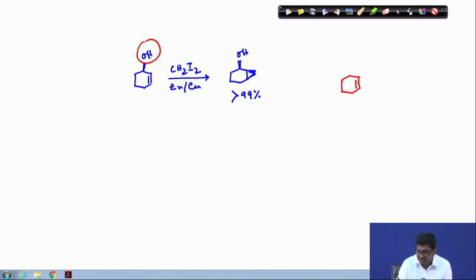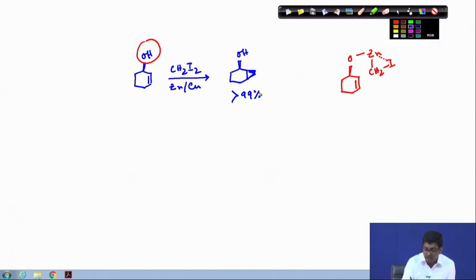If this is our heteroatom, then these active species can coordinate with this hydroxyl group and give this kind of transition state, from which the cyclopropane can form from only one face and give only this particular diastereomer. So, this will be more than 99% this diastereomer.